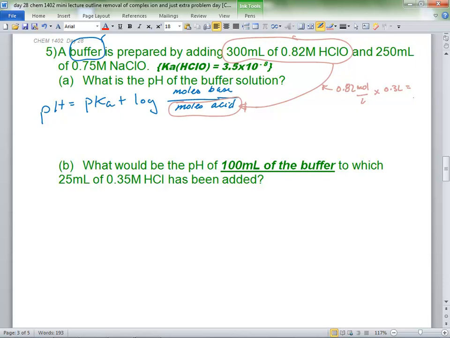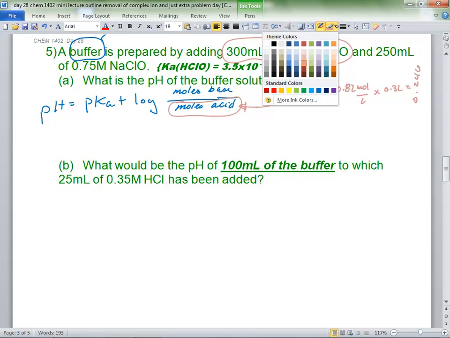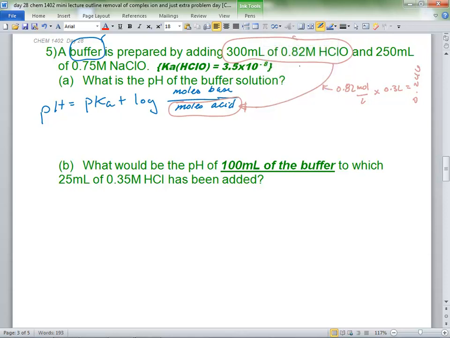0.246 moles of the acid. Yep, negative log of the Ka. What'd you get for the moles of the base? 0.1875.